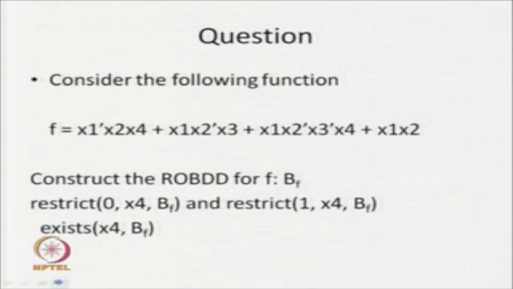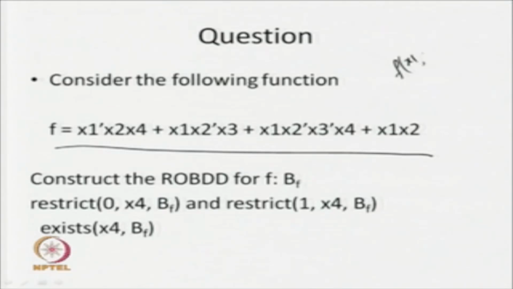Now, just look at a simple question over here. I am saying consider this particular Boolean function. So, I am expressing a Boolean function. Now, construct the ROBDD for this function f, say B f. I am giving a function f which depends on 4 variables x 1, x 2, x 3, x 4.